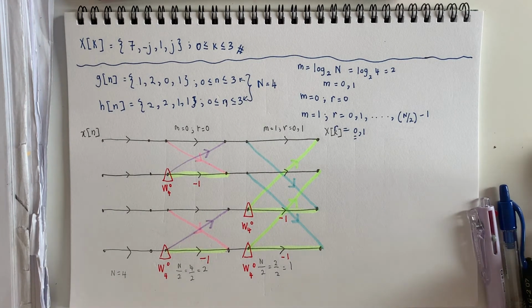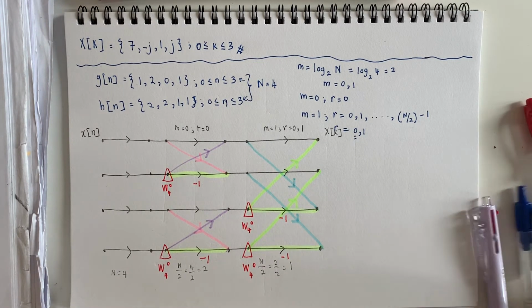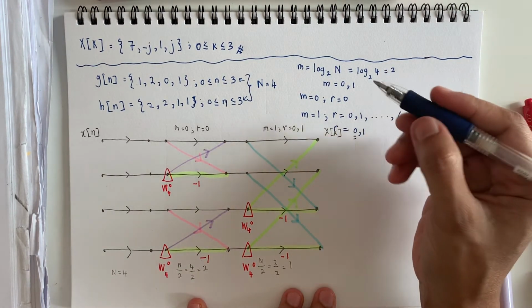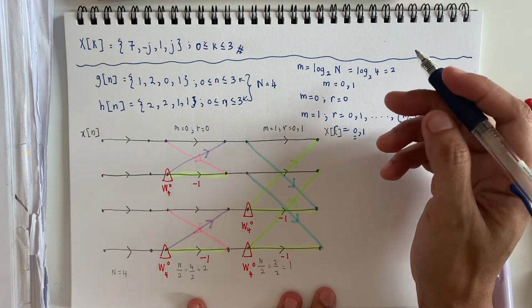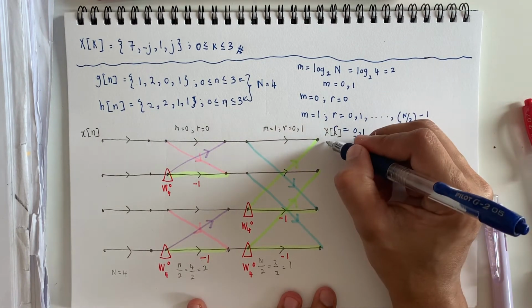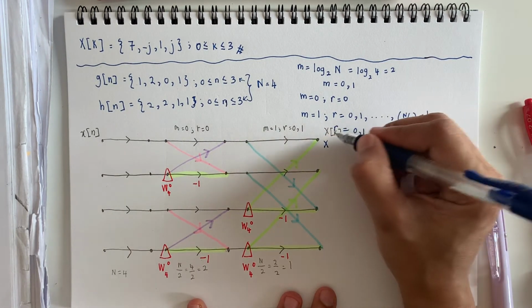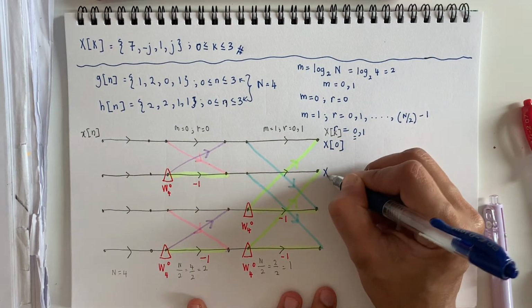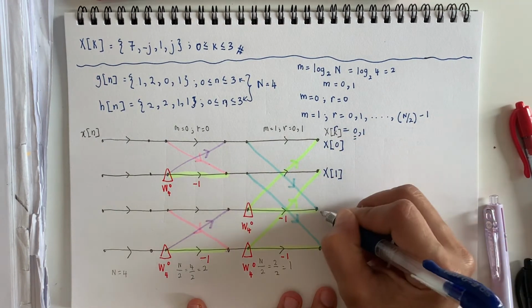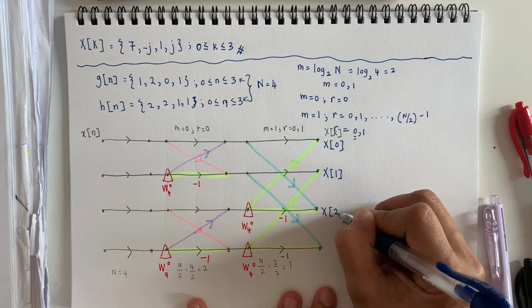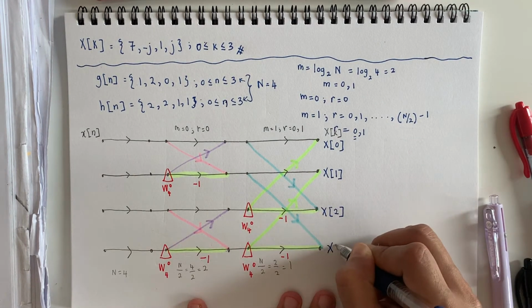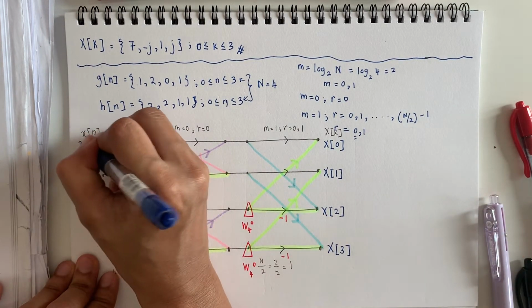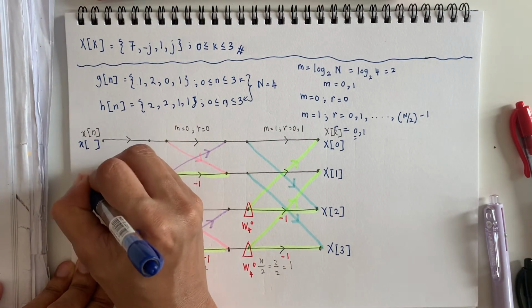Okay, next we are going to determine the Xk. For you to determine the Xk, you must know the sequential order. For DIT FFT, the output will follow the sequential order, but for the input, we need to do bit reversal.